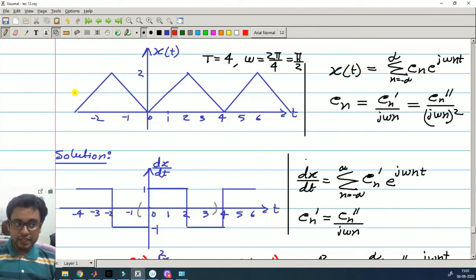So the information about the average value of the original signal will be completely lost in Cn prime. So you cannot calculate average value or C0 from C0 prime in any way.